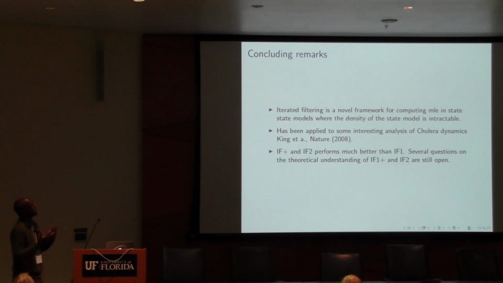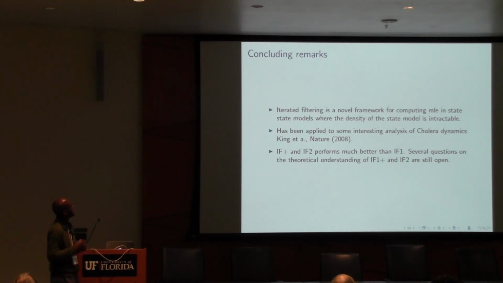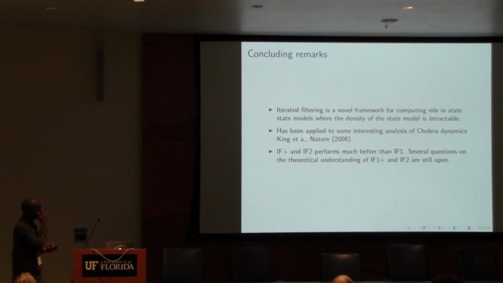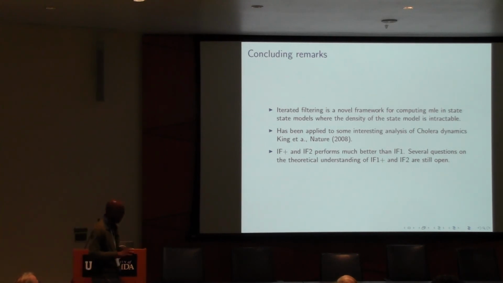And the theory also, there's still a lot that remains to be done in understanding the way it behaves. And it has been used in really large examples in this Nature paper. And I'll stop here. Thank you.